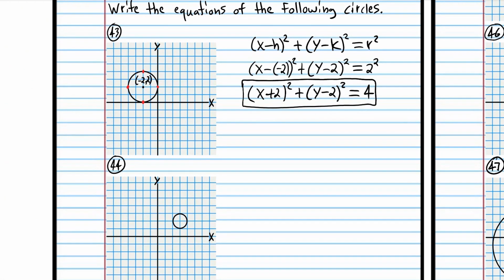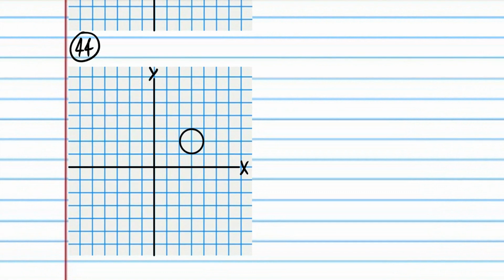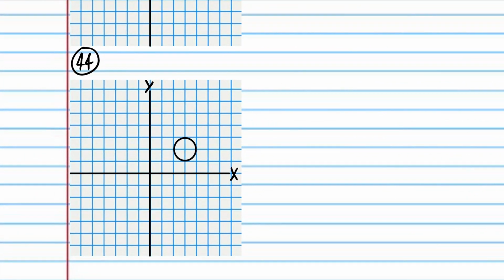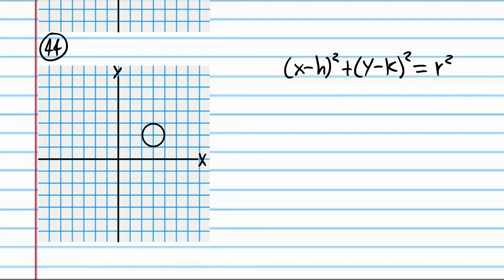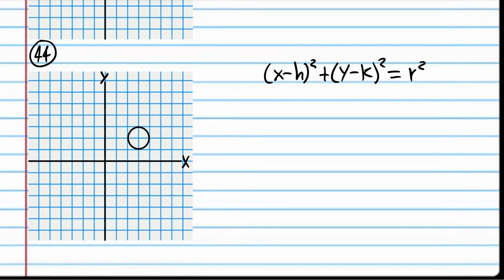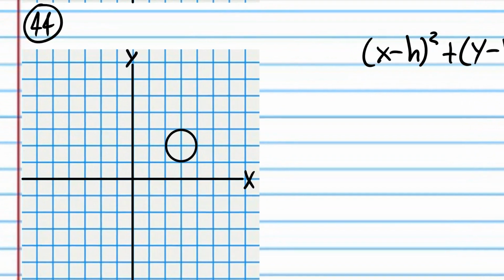So let's try number 44. I'm going to go ahead and write that equation again, just so we know what tool we're using. And we want to find the center. So we count out 1, 2, 3, and then 1, 2. So 3, 2 is the center. I'll just write that up here.